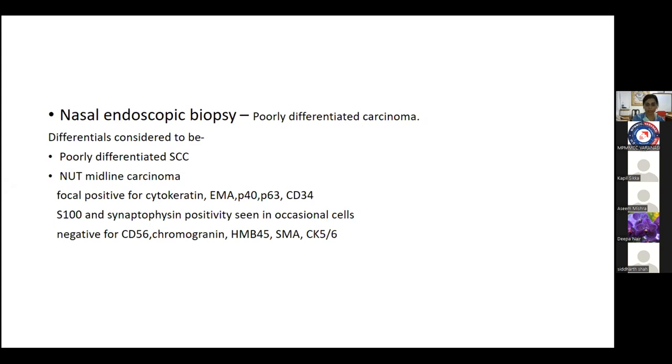There could be dural defect. Why do you think there will be dural defect? Because, sir, it is abutting the anterior skull base, so I would like to remove the bone, and I would like to check my margin on the dura. I'm not sure what will be my frozen report. I would like to send the frozen from the superior part of the nasal cavity, from the dura.